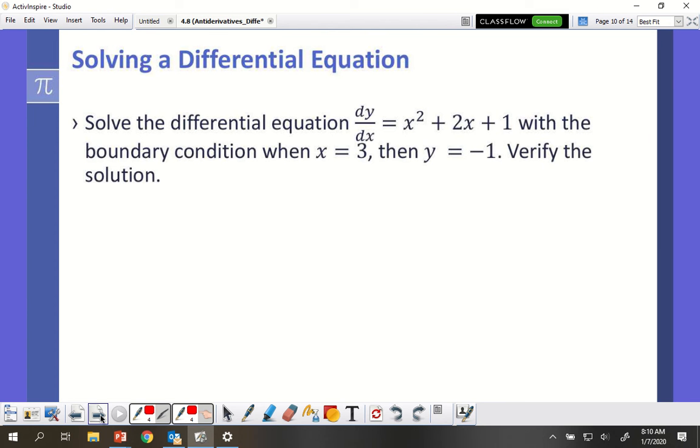Solve the differential equation dy/dx = x squared + 2x + 1 with the boundary condition that when x is 3, then y is negative 1. Verify the solution. All right, so if that's dy/dx and I take the antiderivative of the derivative, what should I write?